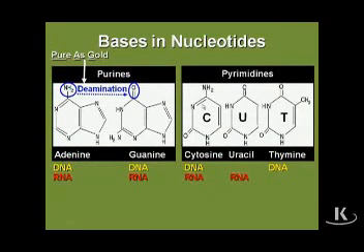The pyrimidine bases. Let's focus on these for a second. The pyrimidines, once again, the parent pyrimidine here, cytosine, is going to have an amino group poking up off the top of it. There's a deamination step which can convert cytosine into uracil.